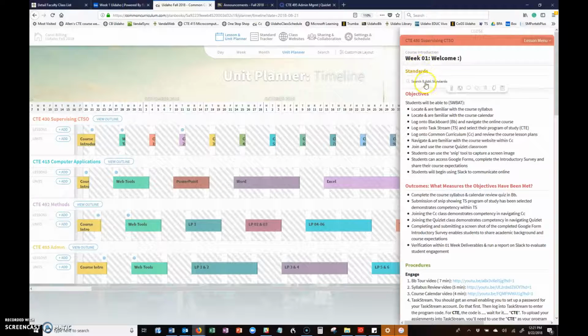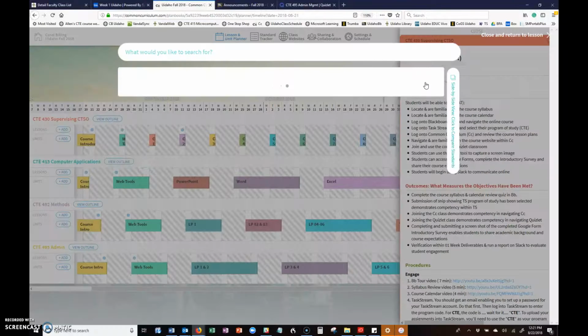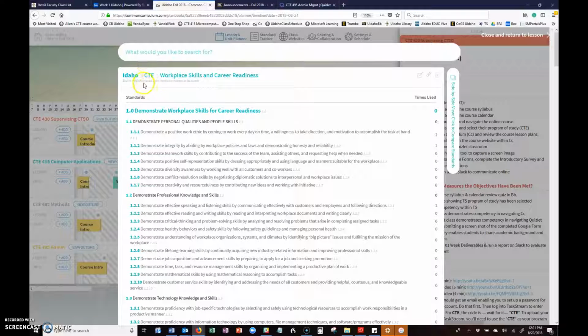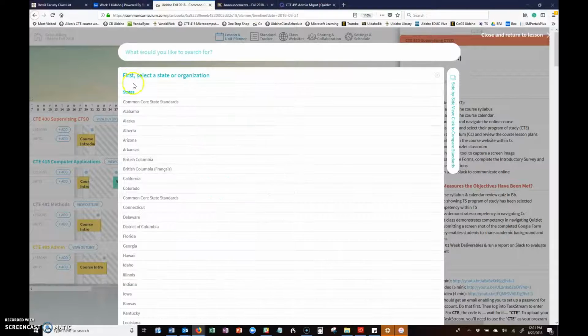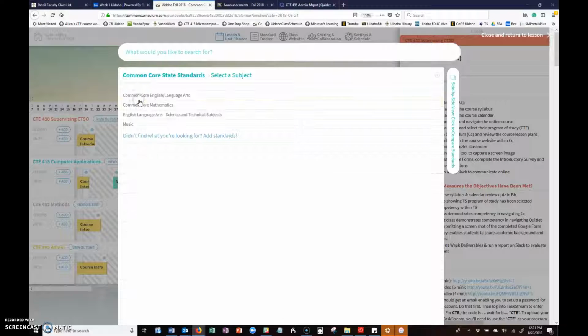You can click standards. Let me show you Common Core State if you needed that. You wouldn't need Common Core for CTE, but if you have lessons that cross interdisciplinary, you could grab your Common Cores there, which is kind of awesome. And you can add standards if they don't have what you want.